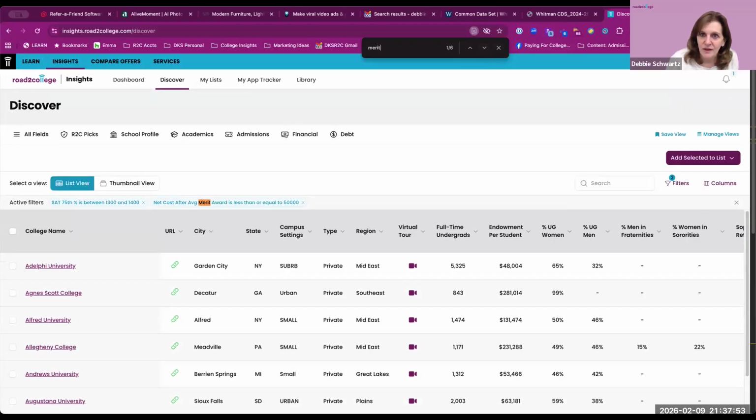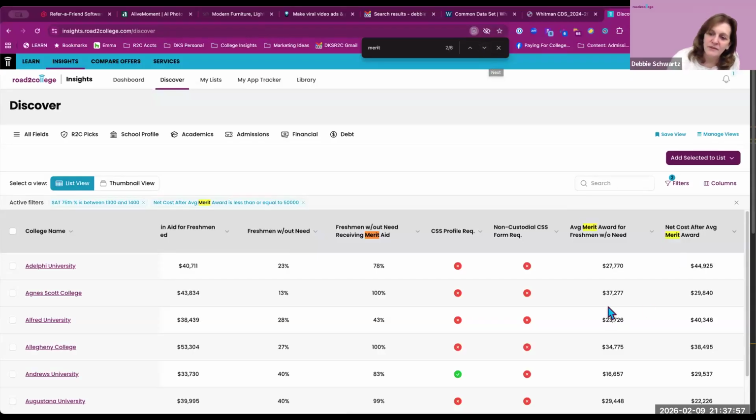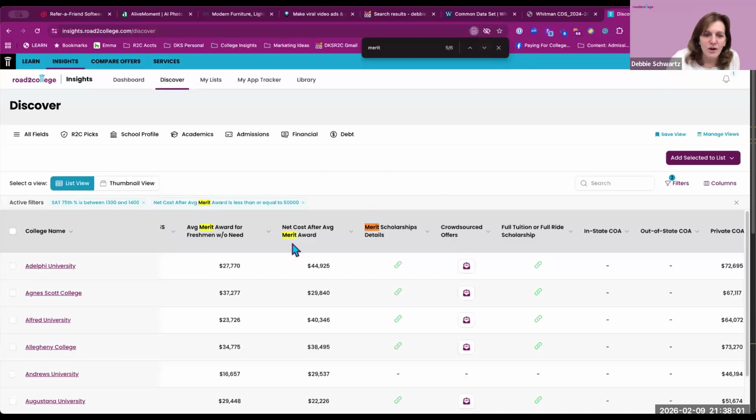Let's just go to this column, which is the average merit scholarship amount given to freshmen who don't have need. It's next to the column that is the net cost after merit. I can sort any of these columns in ascending or descending order. So let's sort this one.